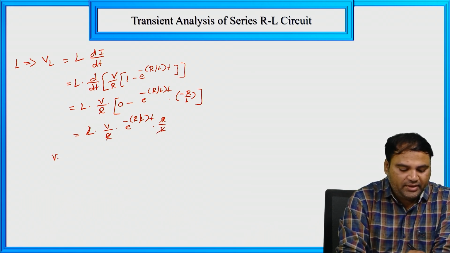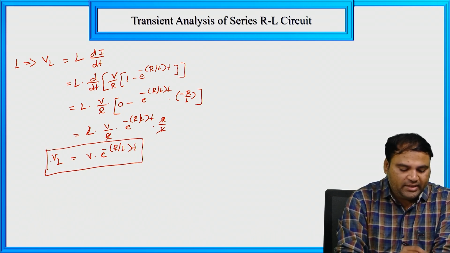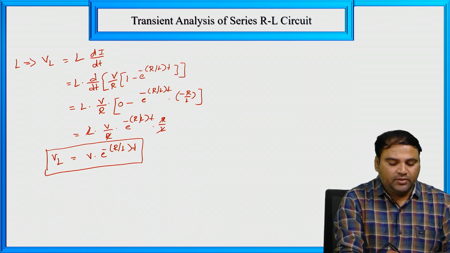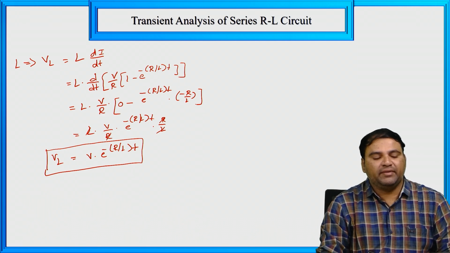Now we get VL equal to V into e power minus R by L t. This is the voltage drop at inductor L. Okay.